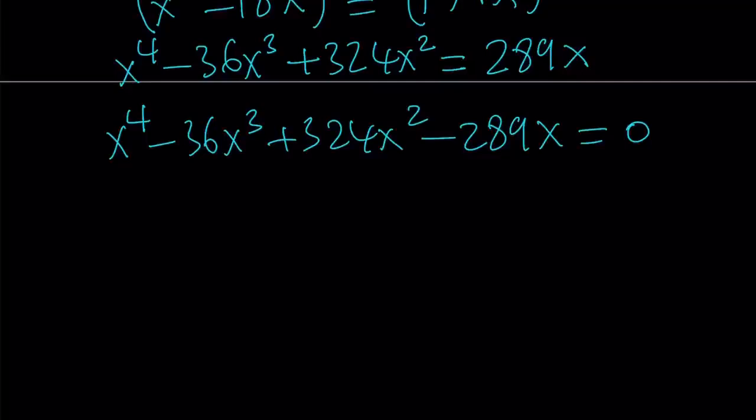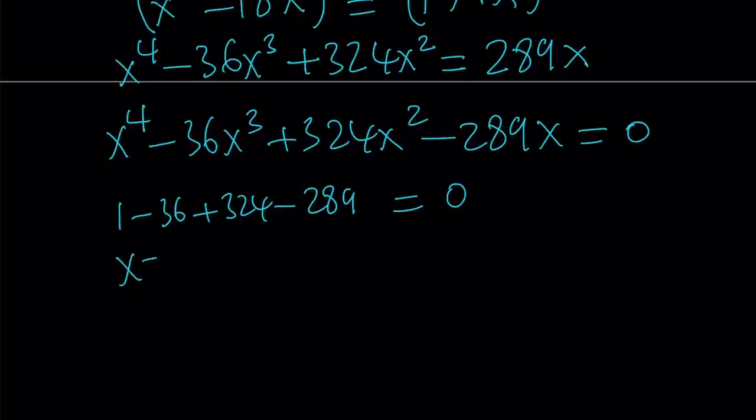And in this case, that happens to be the case, because if you check 1 minus 36 plus 324 minus 289, you're going to notice that 1 plus 324 is 325, and negative 36 plus negative 289 is also negative 325. So this gives you 0, which means x equals 1 is a solution.